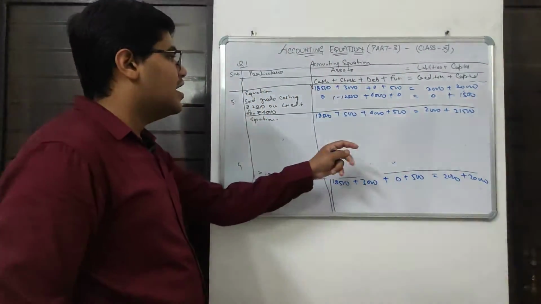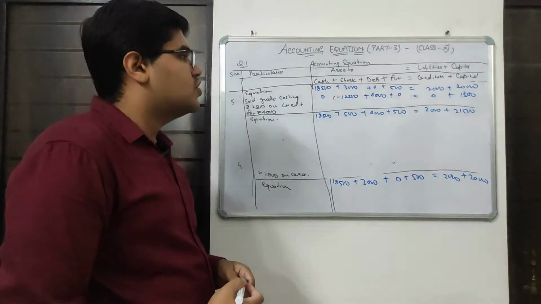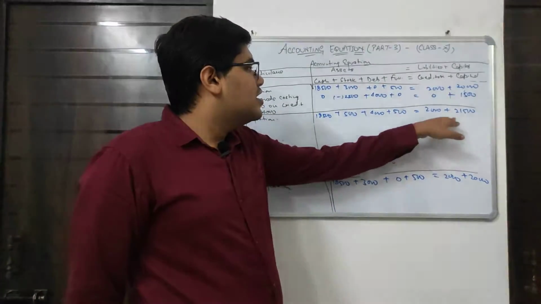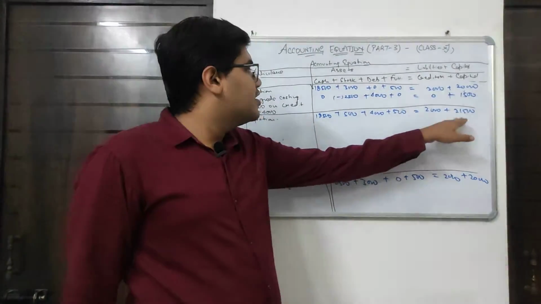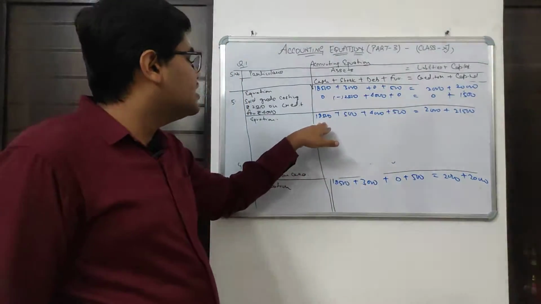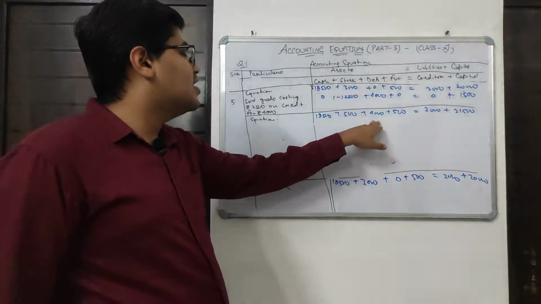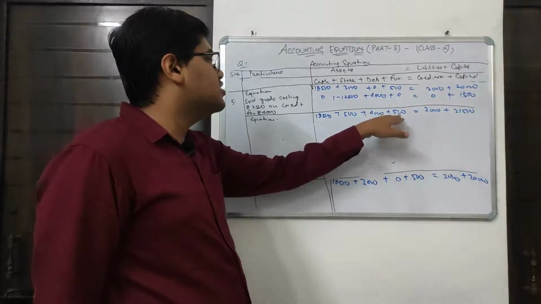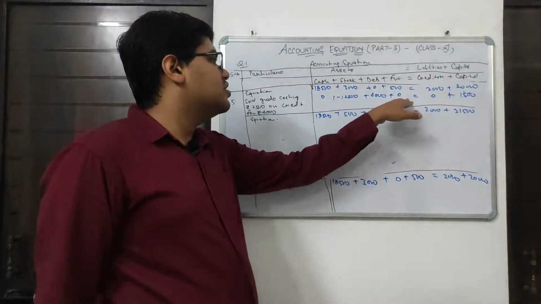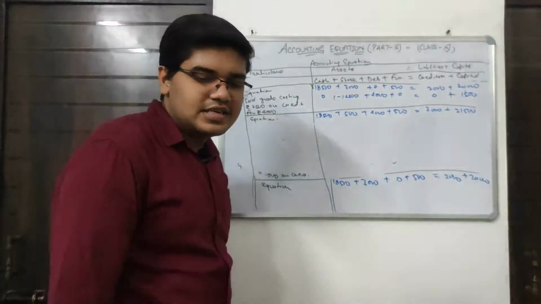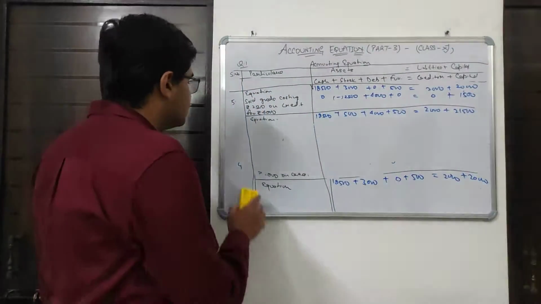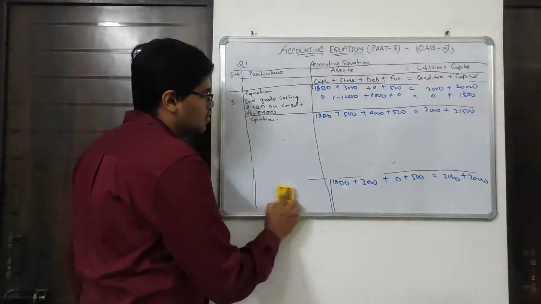Now you can total it and see whether the equation is balanced or not. So 21,500 plus 2,000, that is 23,500. 18,500, 19,000, 19,000 plus 4,000, 23,000, 23,000 plus 500, that is 23,500. So our equation gets balanced here. Moving on to the sixth transaction.